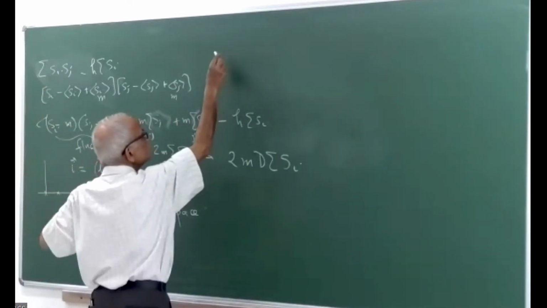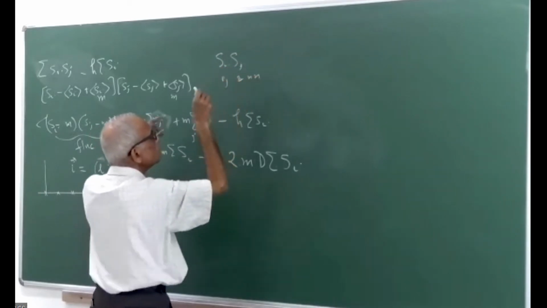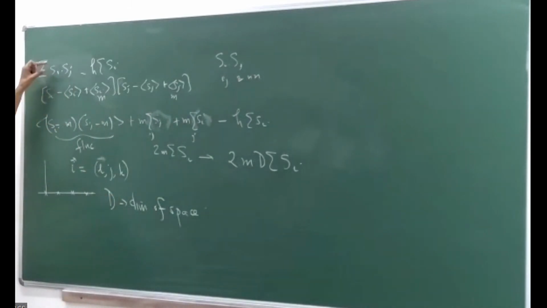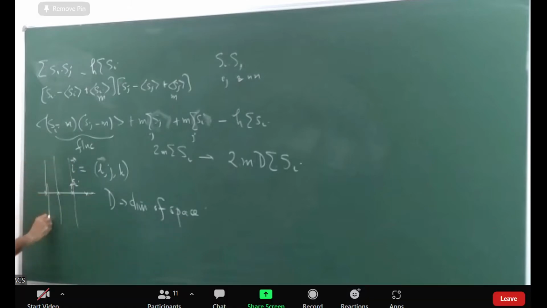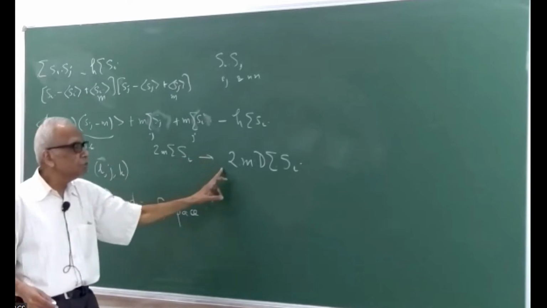Here i and j are nearest neighbors, so I have to replace the neighbor by all the nearest neighbors. If it is a line, there are 2 nearest neighbors; on a plane, there are 4 nearest neighbors. If it is a cube, there are 6 nearest neighbors. So you have to replace it by 2d, which is the 2d over here.